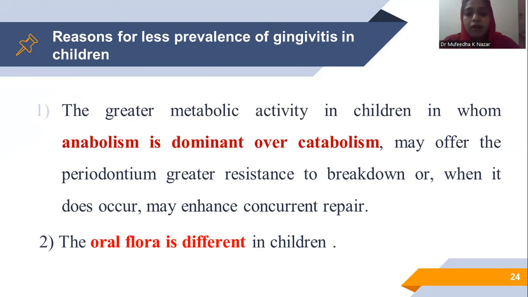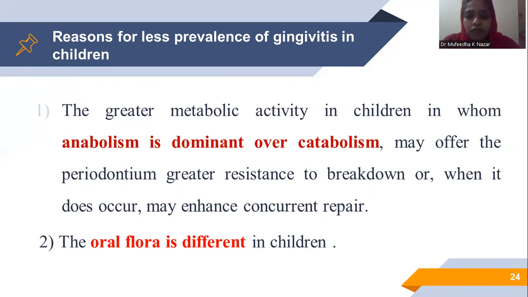And whenever breakdown or bacterial invasion occurs, there are chances for the periodontium to repair and regenerate. The second reason for the lesser prevalence of gingivitis is the difference in oral flora.